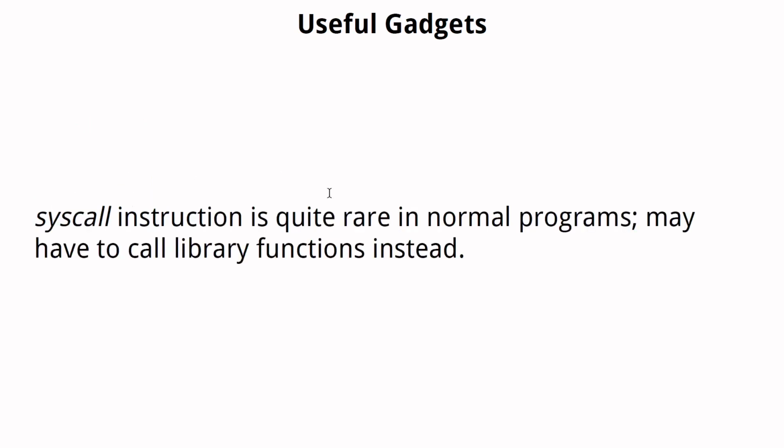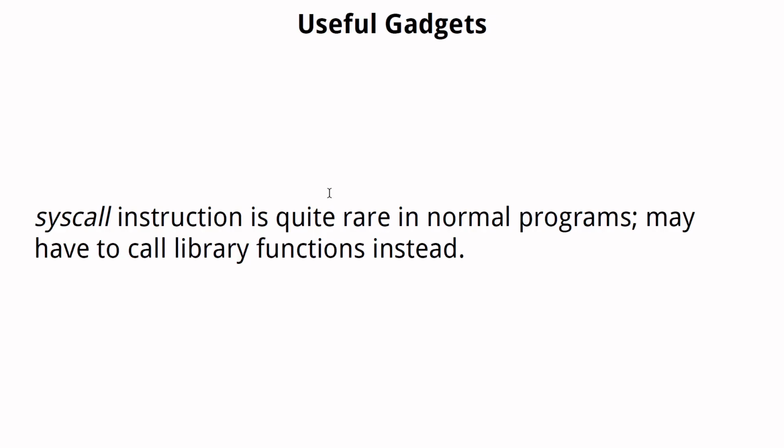Of course, a very useful gadget would be the system call instruction. However, it's very difficult to find system call instructions in a program. There are not many, because the C library has some system call instructions for x86 64-bit. However, those system call instructions don't have a return.